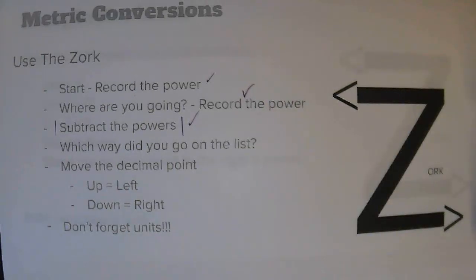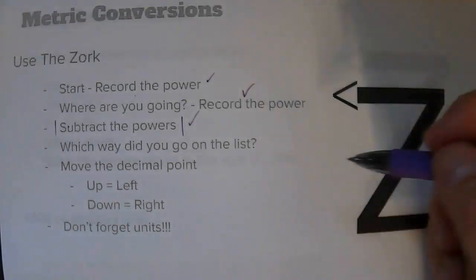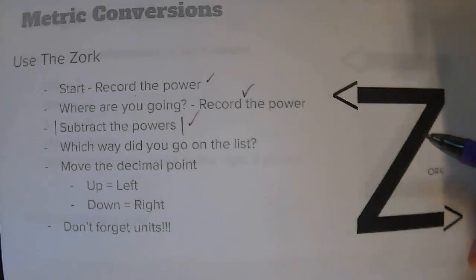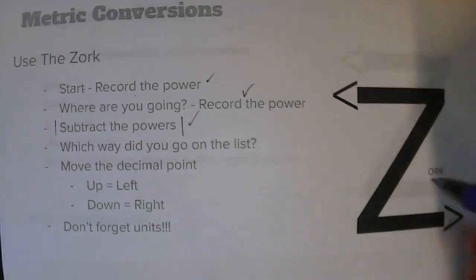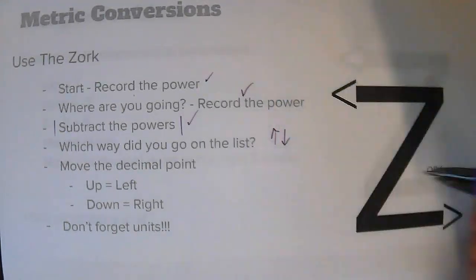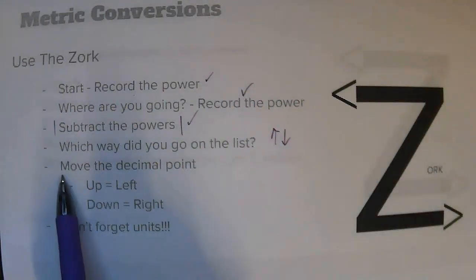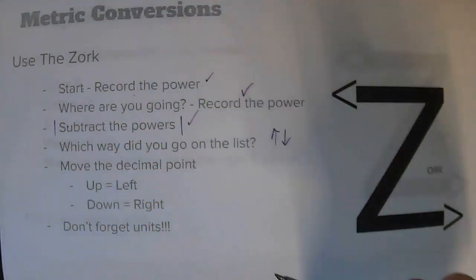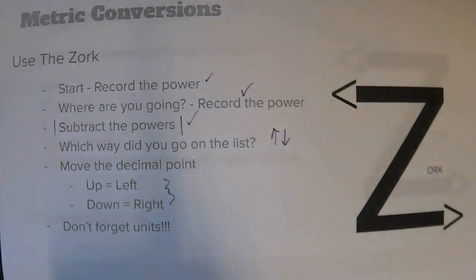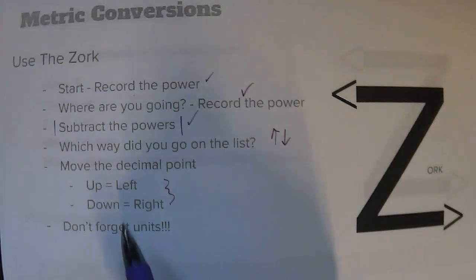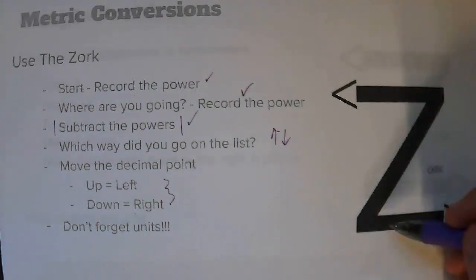Then you're going to determine which way you went on the list. You have the list in front of you, whether it's digitally or on a piece of paper, and you're going to decide whether you went up or whether you went down. Then you're going to move the decimal point. If you go up, you go to the left. If you go down, you go to the right. So here's where the Zork comes in.